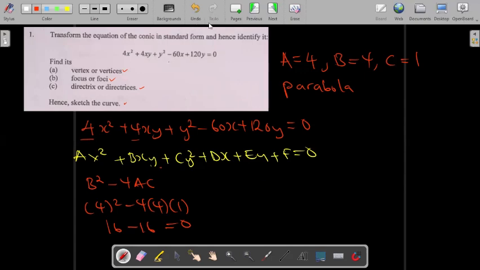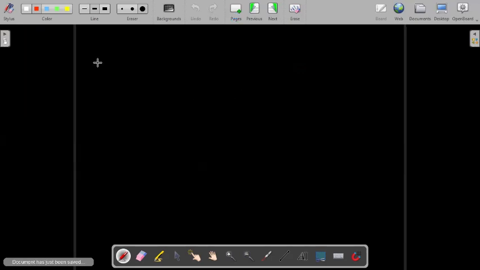So this is where a formula comes in. Okay, let me make a new page. There's a very important formula that you have to remember.